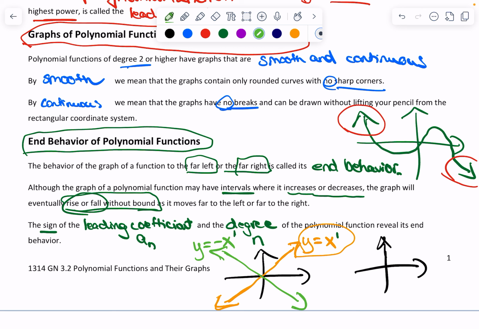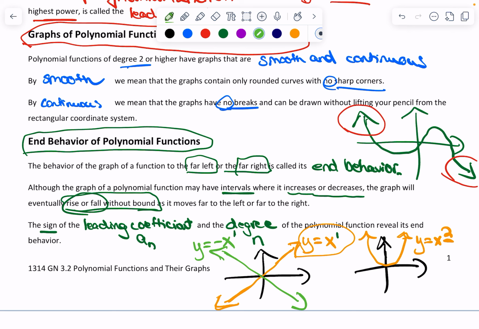If we graph a quadratic function like this one, y equals x squared, well, again, now our degree is 2. The ends are going the same way. So with this one, both are rising to the far left and to the far right.